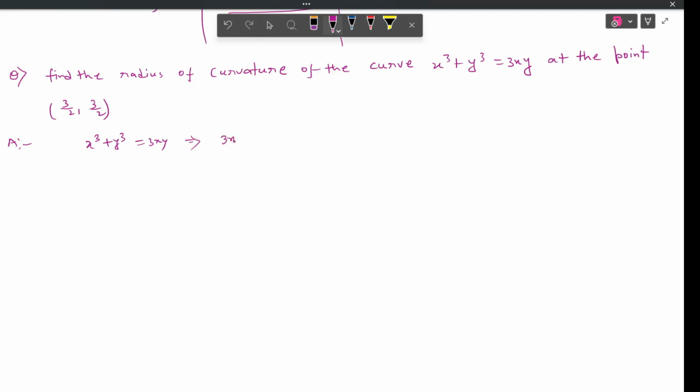So this would be 3x square plus 3y square into dy by dx, and on the right you have to apply the u into v rule: keeping y, dx by dx is 1, keeping x, for y it would be dy by dx. If you cancel 3 from both the sides, you will get x square plus y square into dy by dx equals y plus x into dy by dx.